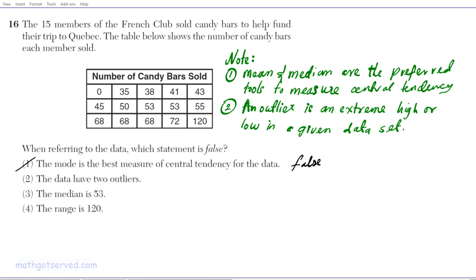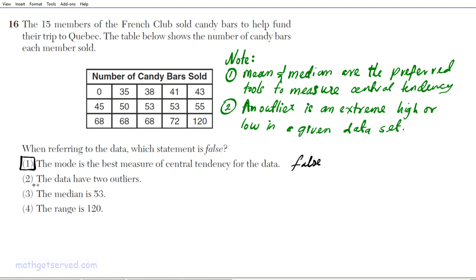The question asks for which is false, so the answer should be option 1. That's the false statement, because the best measure of central tendency for the data is going to be either the mean or the median. Alright, now these other 3 statements have to be true, so let's go ahead and examine them real quick.